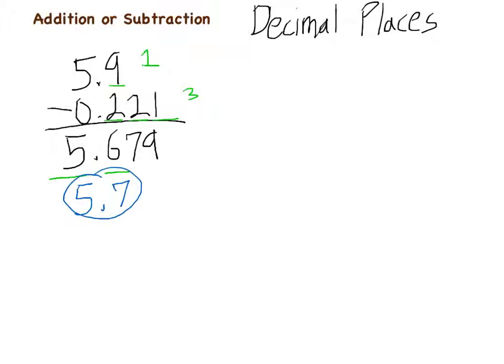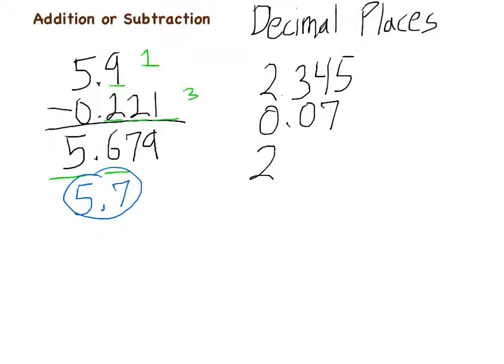Okay, let's do another one. Let's say we have 2.5, 0.07, then 2.9975, and we're going to add all of these together.